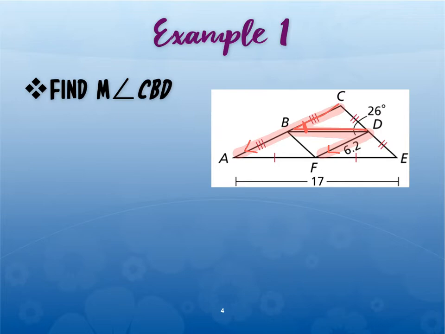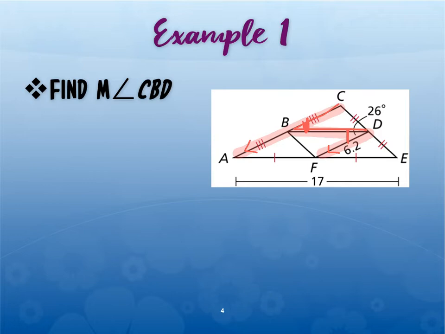So what type of angles are CBD and FDB? Alternate interior. And what do we know about alternate interior angles? They're congruent.